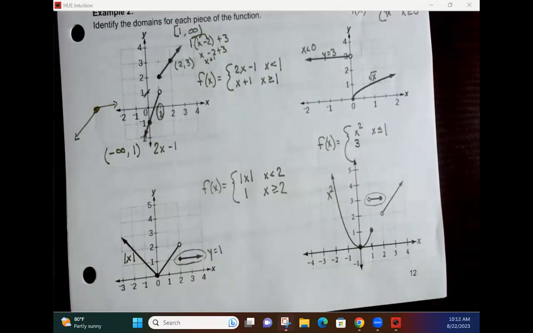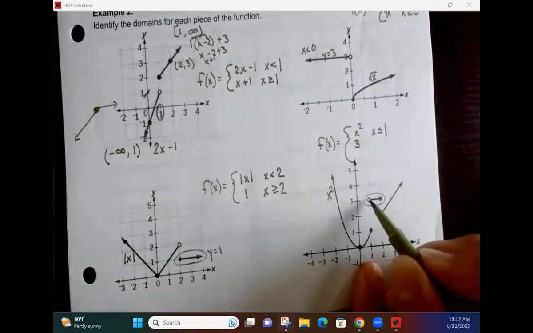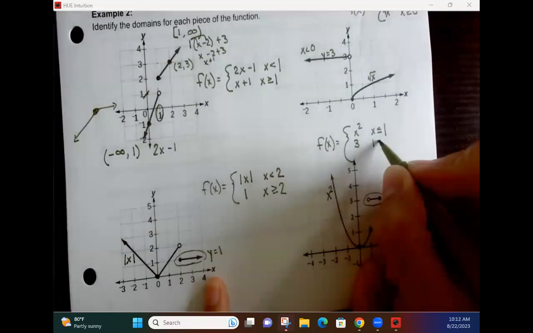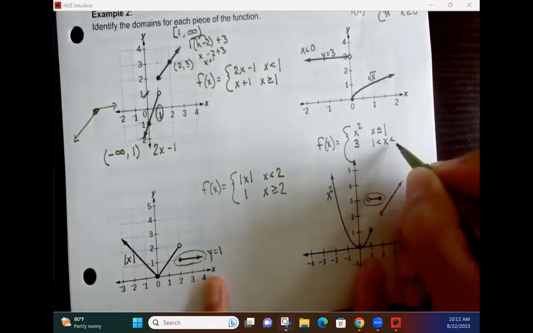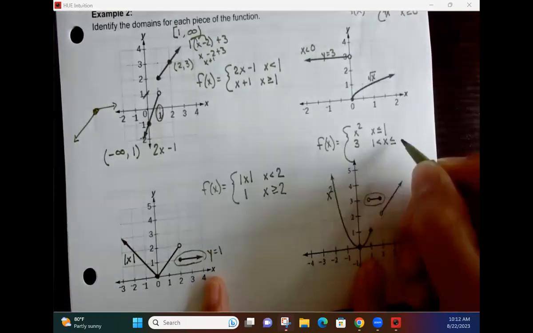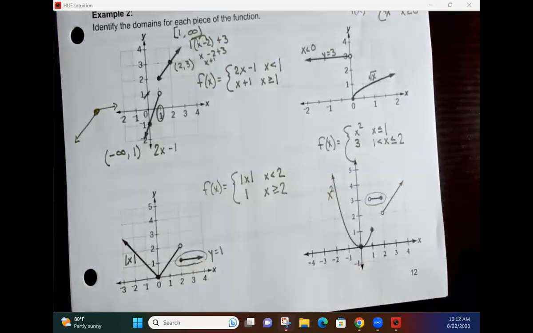I've got to specify those 2 values. So from 1 up to and including, since we've got a filled in circle there, 2. Does that make sense? X has got to be between 1 and 2. We include 2 with that or equal to.